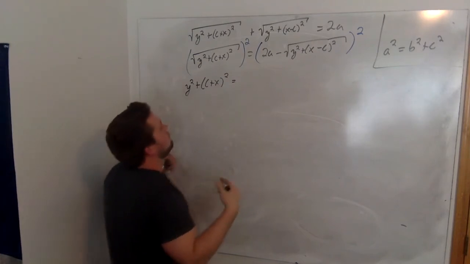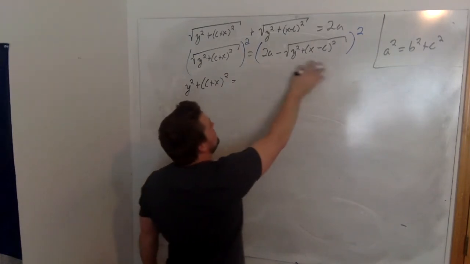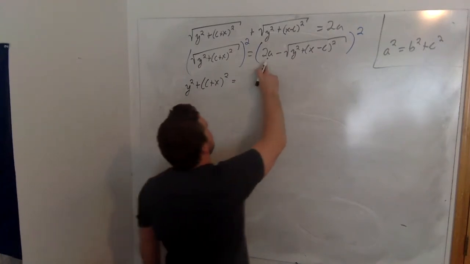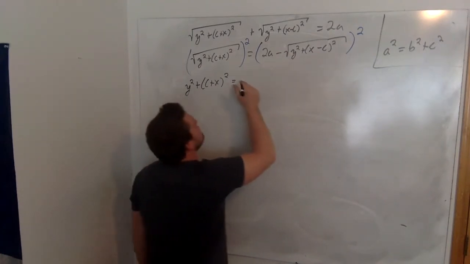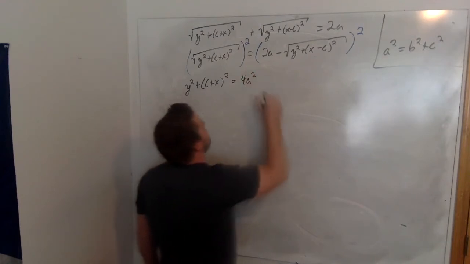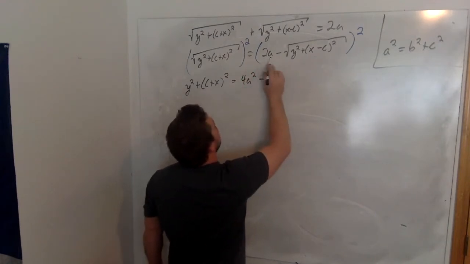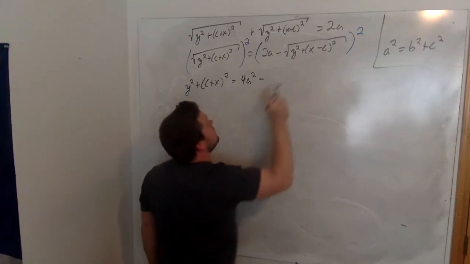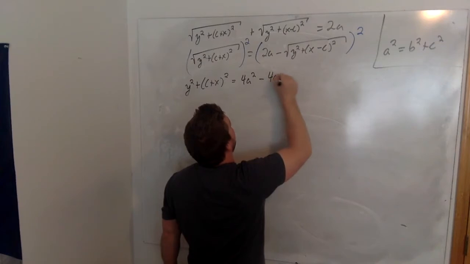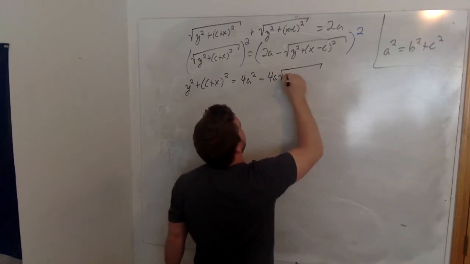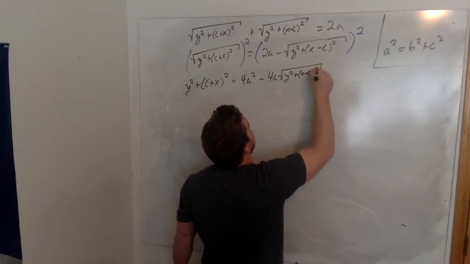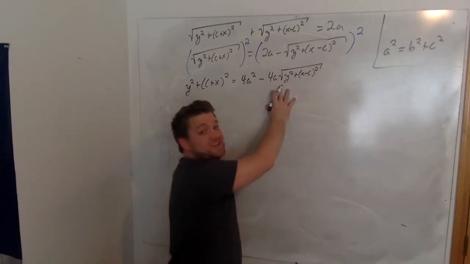And now, unfortunately, we need to expand this. So what are we going to get? Well, 2a times 2a gives us 4a squared. Then we get minus 2a times this quantity, but we get two of those, so we'll actually get minus 4a times the square root of y squared plus (x - c) squared. This just comes from the O and the I in FOIL.